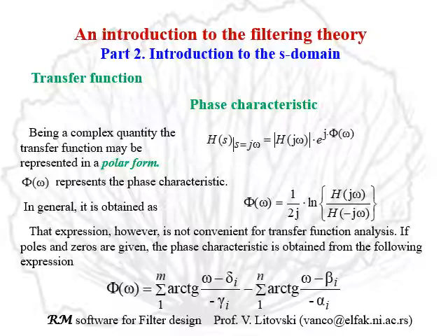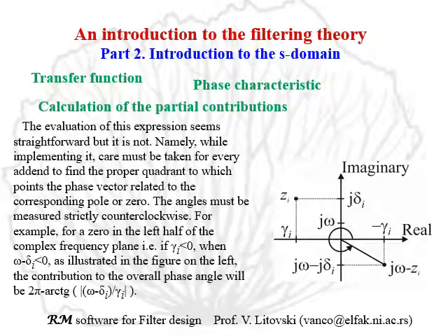This is the only regular, only correct way to calculate the phase, but that is not enough. The evaluation of these expressions seems straightforward, but it's not. Namely, while implementing it, care must be taken for every addend to find the proper quadrant to which points the phase vector related to the corresponding pole or zero.